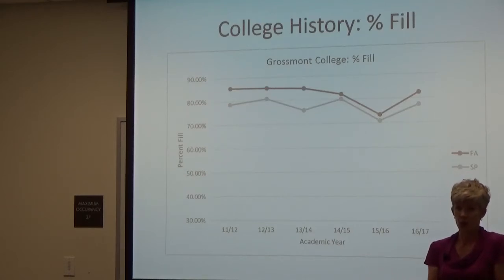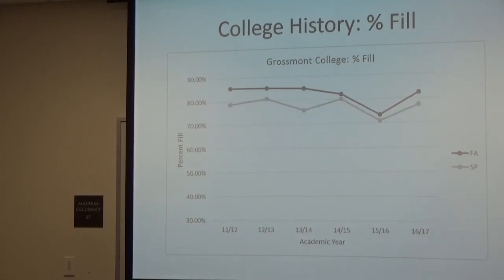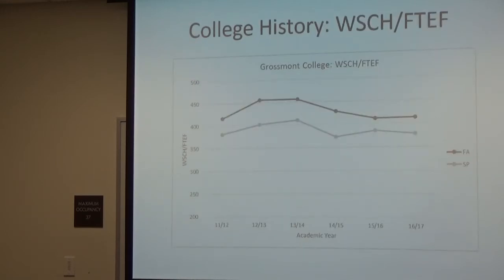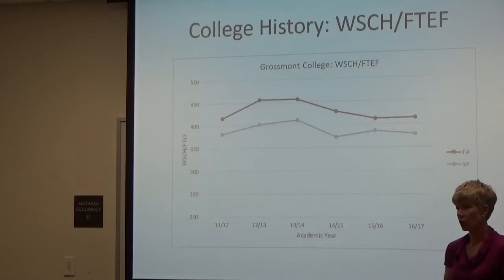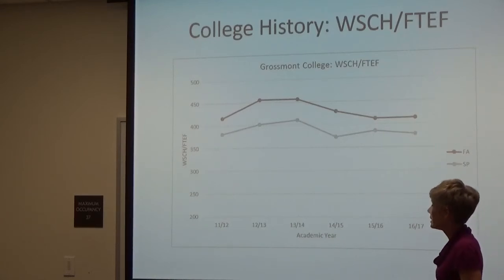We need to grow departments that have bigger class sizes. And the reason I'm saying that is because when I go to the next graph, you are going to see that right now we are below 525 WSCH per FTEF college-wide, and we have not been there for a while.